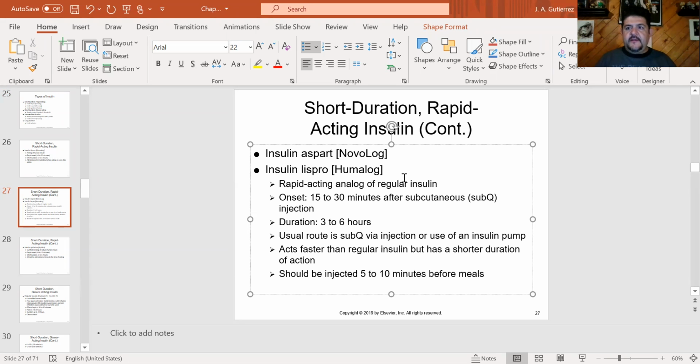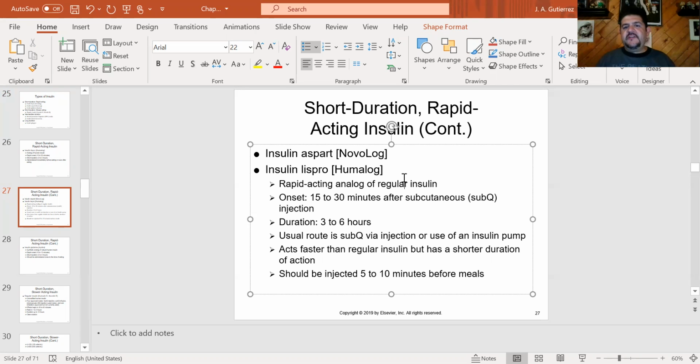So that means that when you are teaching the administration of this type of insulin to a patient, you need to tell them, hey, this insulin has to be administered before a meal. Based on that, the patient cannot administer insulin and then go to a restaurant, start prepping the meals, because after 10 minutes, 15 minutes, glucose levels are going to start dropping.